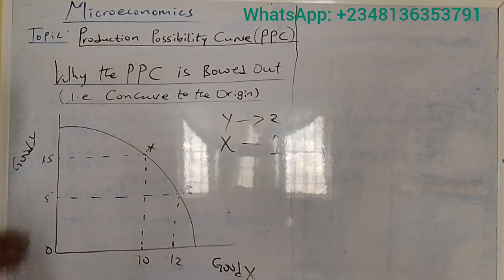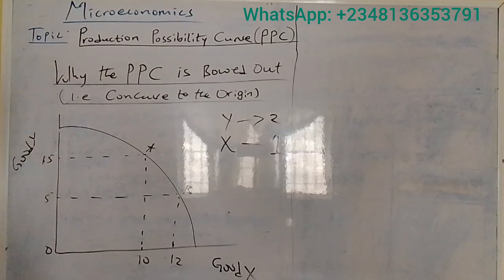That is, in order to increase the production of one good, there will be a reduction in the production of the other good. So that reduction in production of the other good is the opportunity cost of increasing the production of X. Increasing production of good X here will involve the opportunity cost of reducing the production of Y.